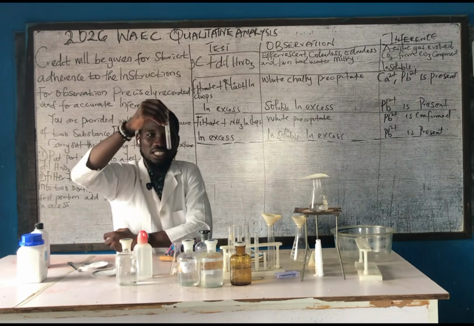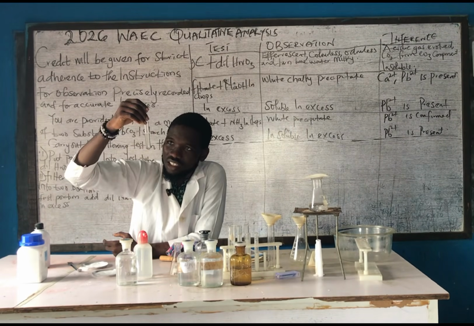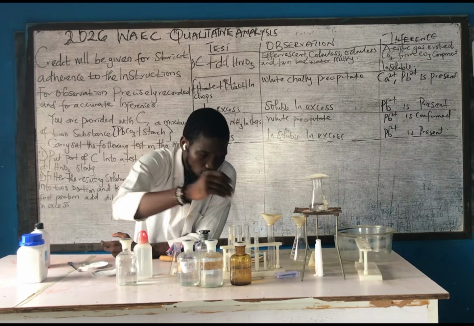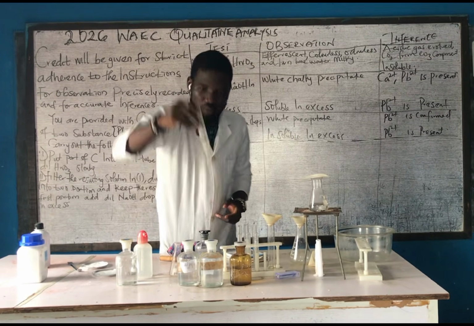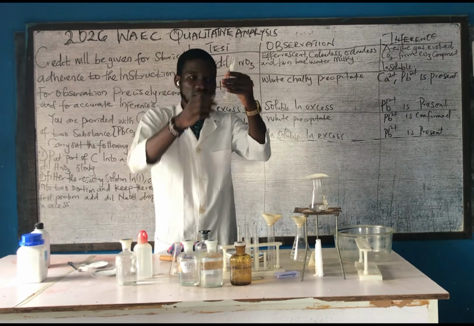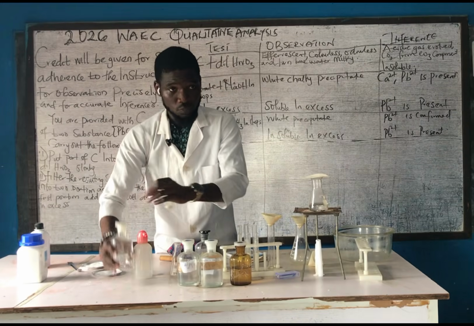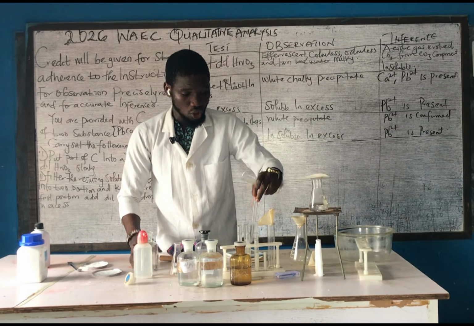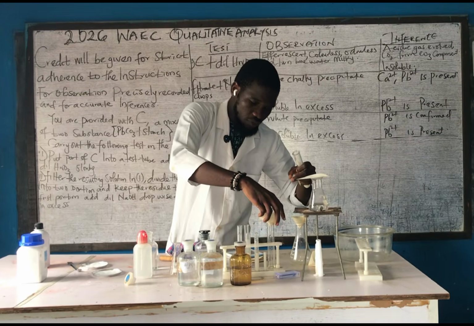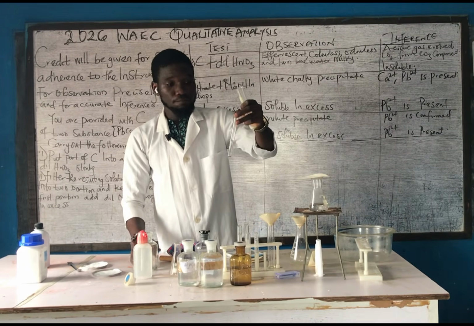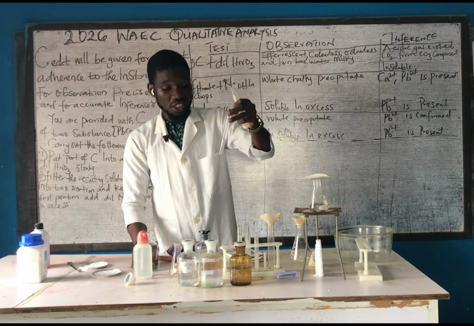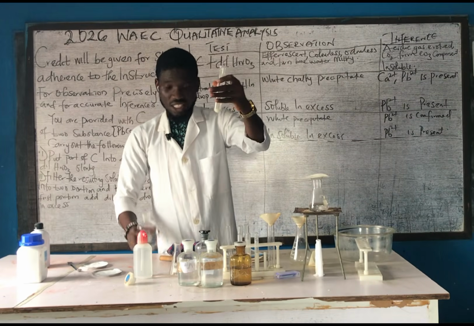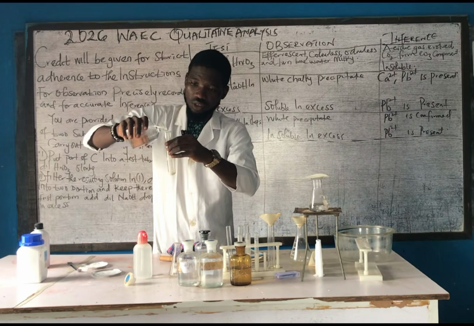There's nothing here. But before we separate the filtrate, this is the residue. Since I'm having a clear solution of the filtrate and HCl, now this is a residue with HCl.